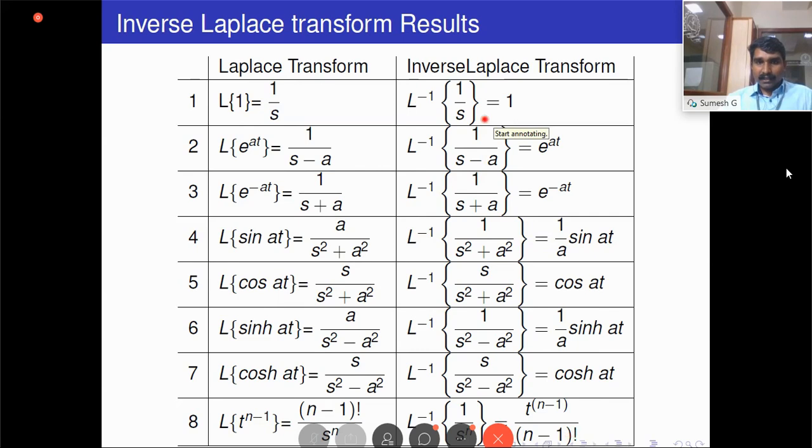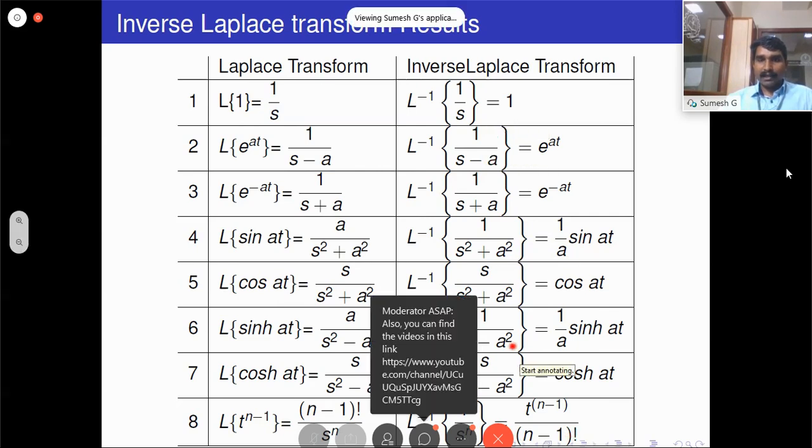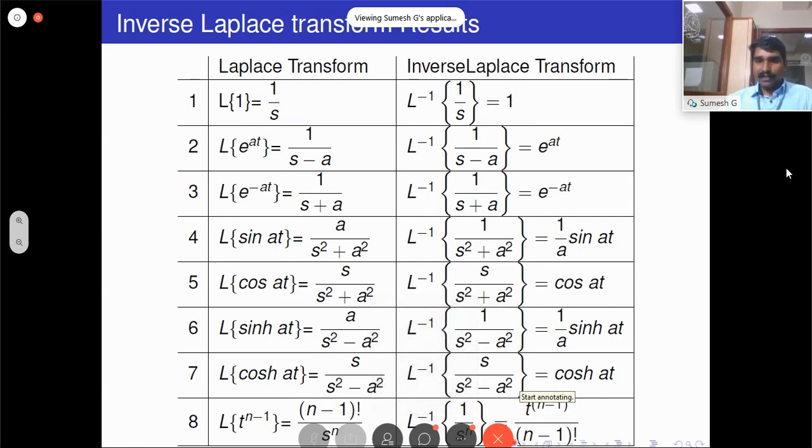So these are the building blocks in inverse Laplace transform, and students are advised to study these inverse Laplace transform results. And the inverse Laplace transform results are mainly classified according to the denominator of the expression.